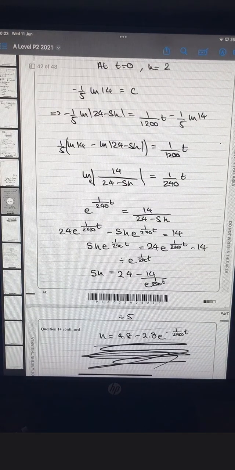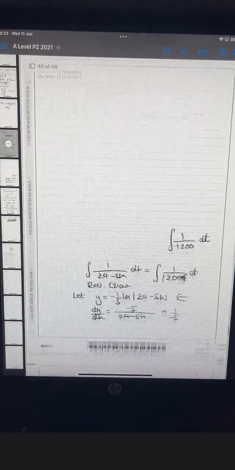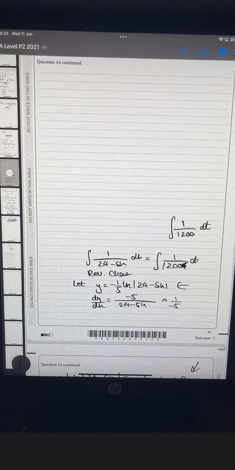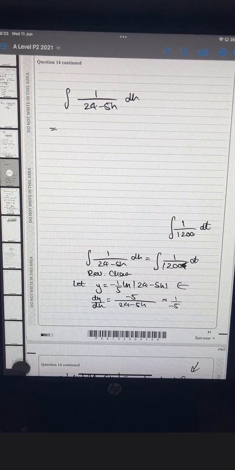All right, so I'm going to explain the reverse chain rule real quick, okay, using this example. So, if I want to integrate 1 over 24 minus 5h with respect to h, okay? How am I going to integrate this? So my top tip for recognizing how to integrate something that looks like this is, number 1, this is a fraction, right?